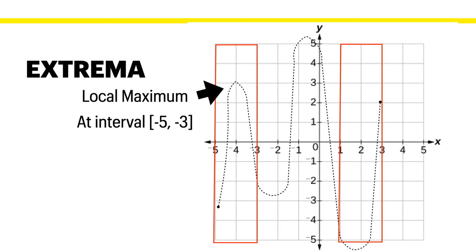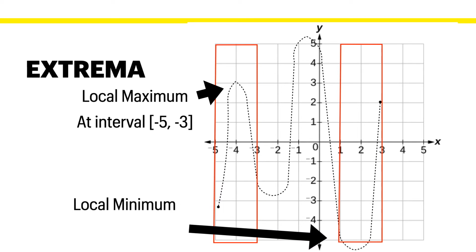This interval from 1 to 3, we can see that there's another dip over there that causes a curve, and we can call that the local minimum, and it's at the interval 1 to 3. That's called the local minimum because in that particular interval, you can see that there is a dip that's the smallest dip possible in that interval.